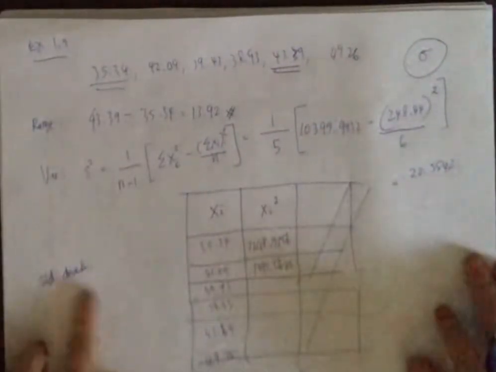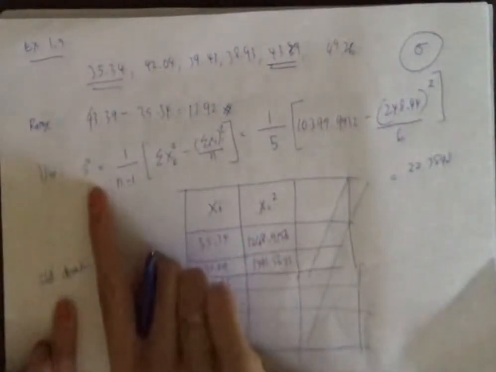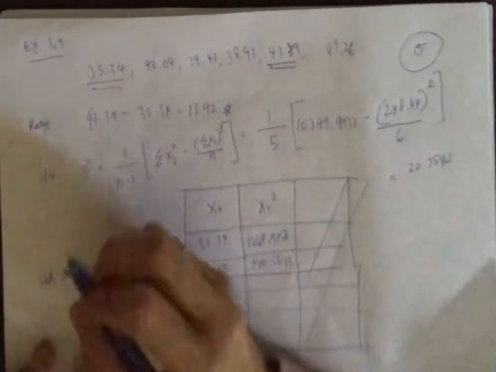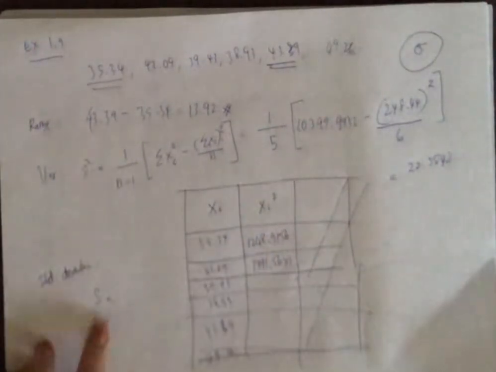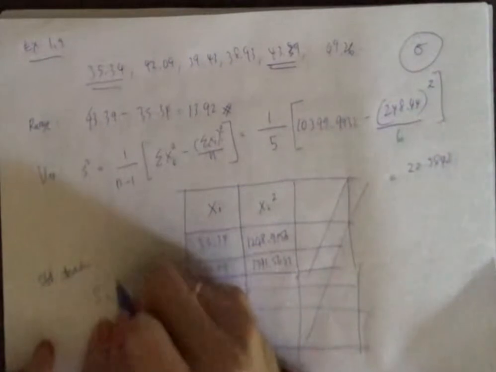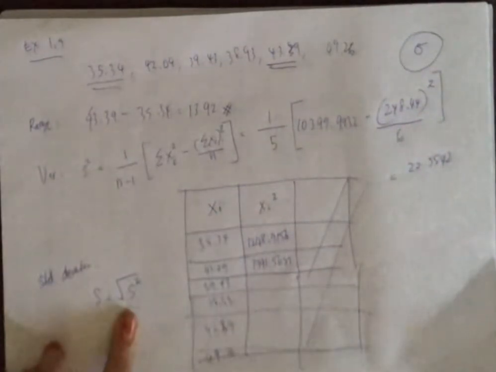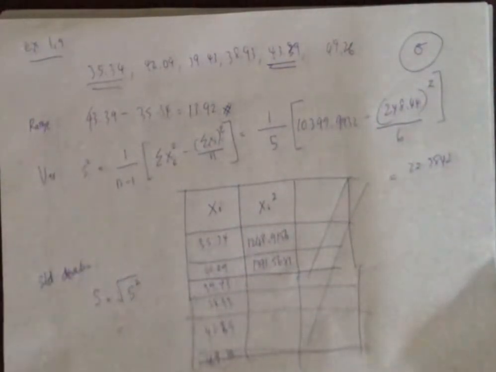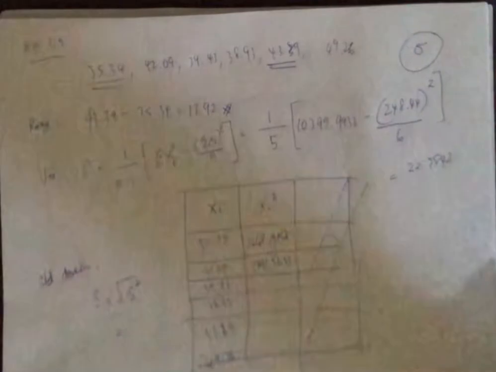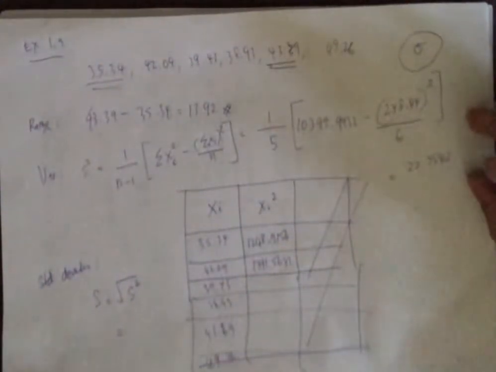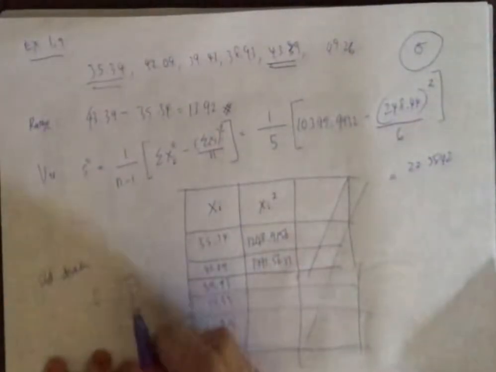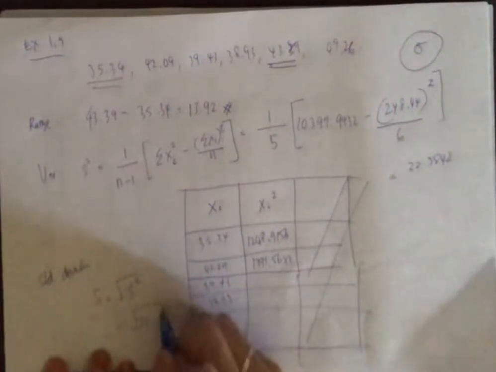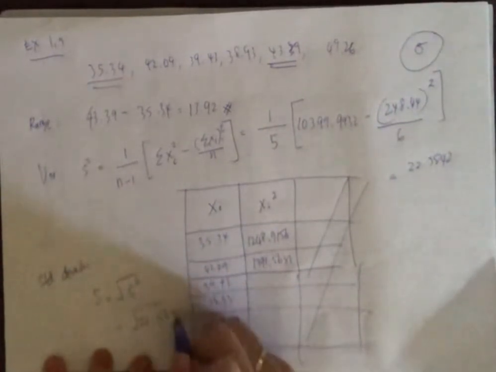Standard deviation. For variance we use s square, so standard deviation means s. In other words, it is the square root of s square. There is nothing extra you need to do here. You just use the answer that you got from the variance just now and take the square root of 22.5842.